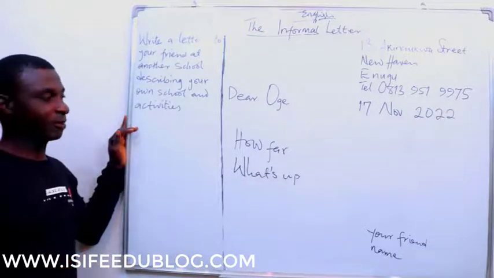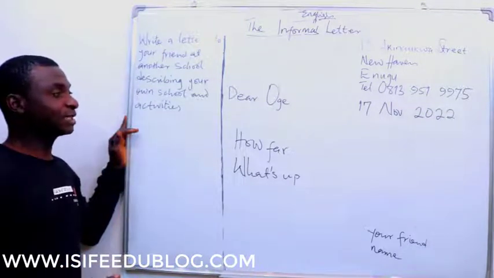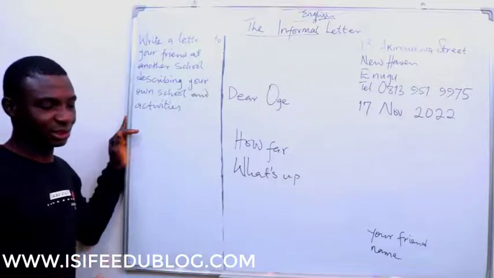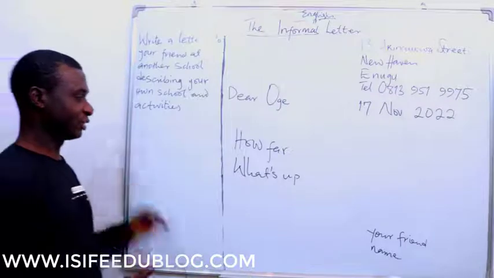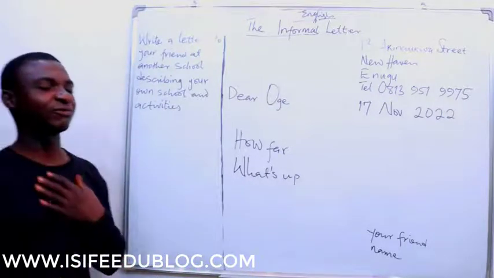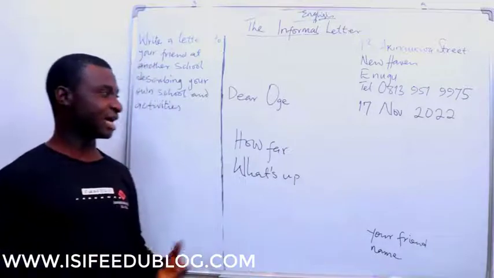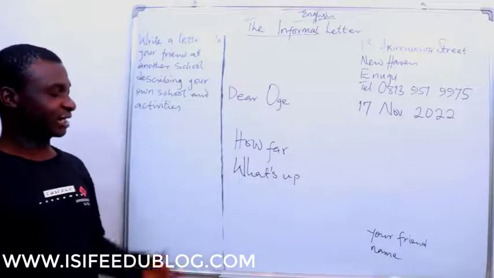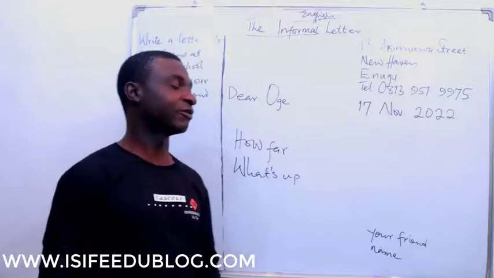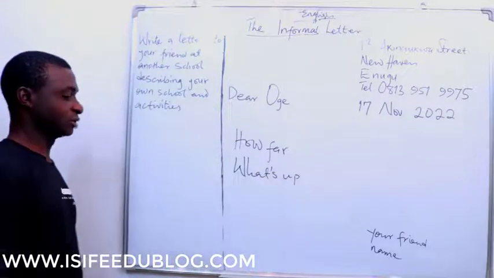You could do them. Keep it friendly. Bring up those pet discussions you have in an informal letter. Ask of your friend's health. Ask of their academics. Ask of even their friends. It is part of the informal discussion.